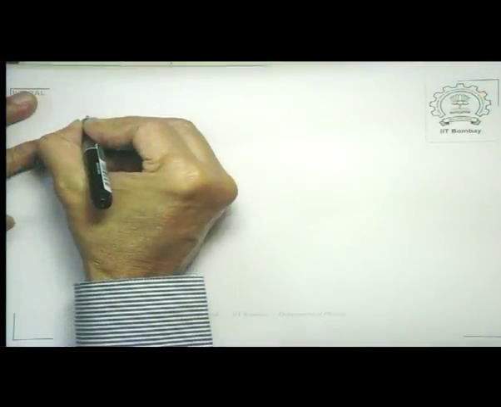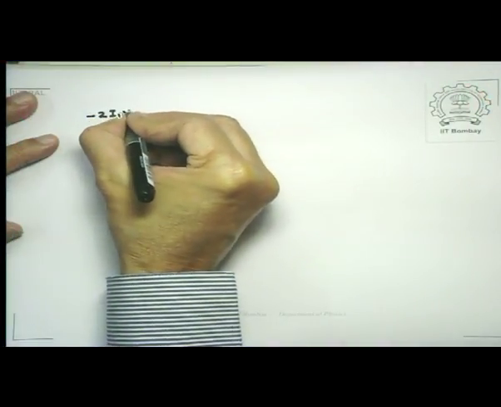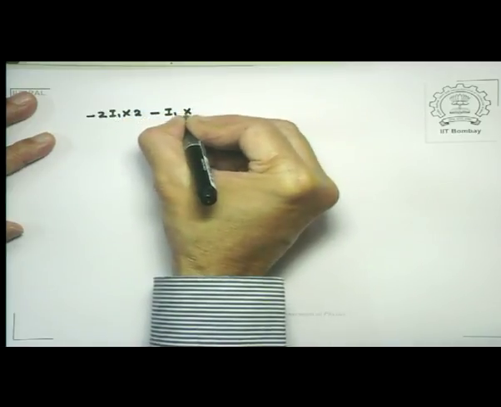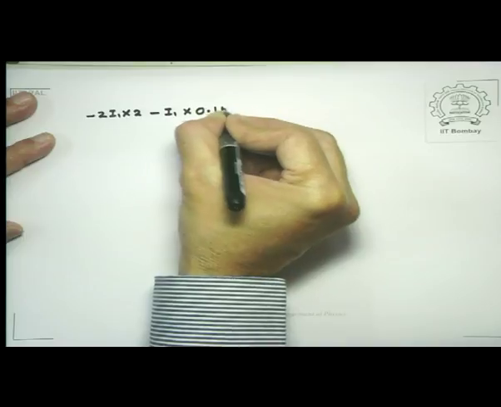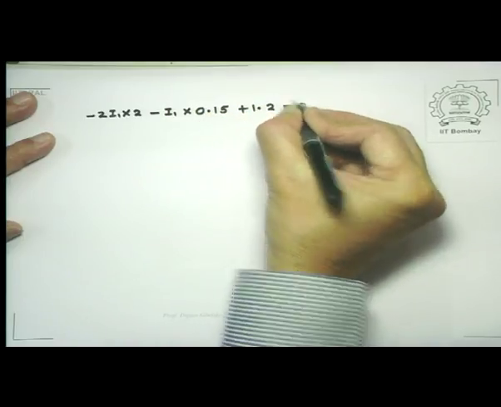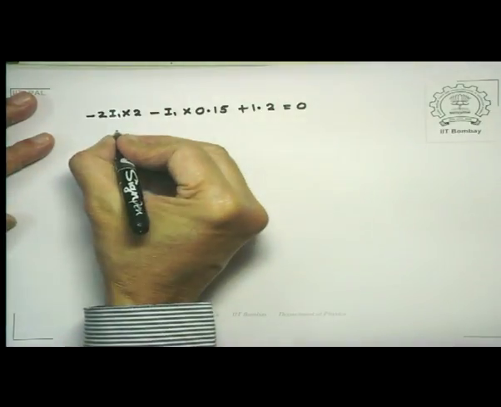If you look at Kirchhoff's law for this situation, you find that minus 2I1 times 2 ohms minus I1 times 0.15 plus 1.2 equals 0.